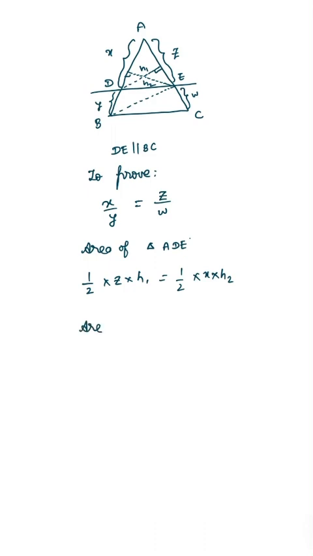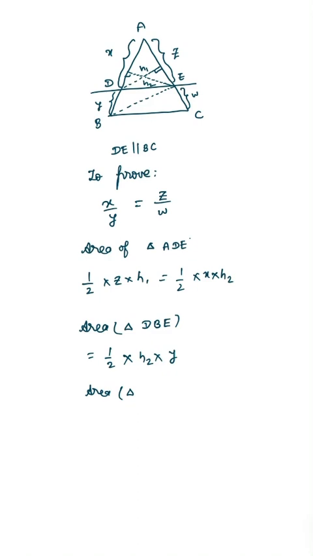Let's consider the triangle BDE. Now for BDE, H2 will act as a perpendicular and DB will be base. So we can write the area of DBE as half into H2 into y.